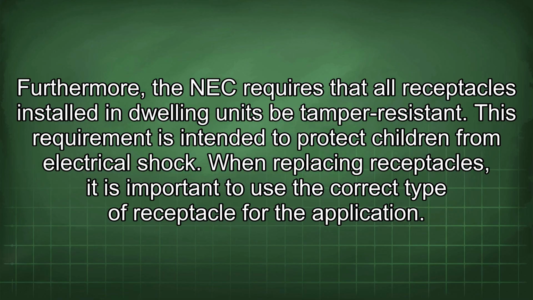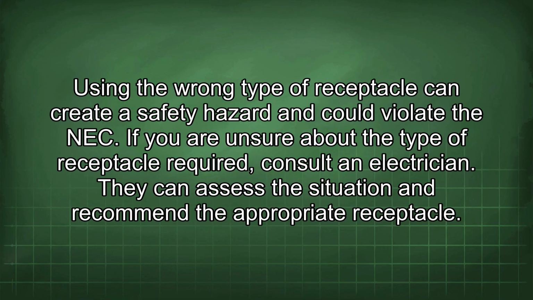When replacing receptacles, it is important to use the correct type of receptacle for the application. Using the wrong type of receptacle can create a safety hazard and could violate the NEC. If you are unsure about the type of receptacle required, consult an electrician. They can assess the situation and recommend the appropriate receptacle.